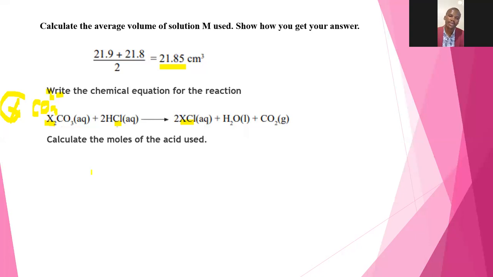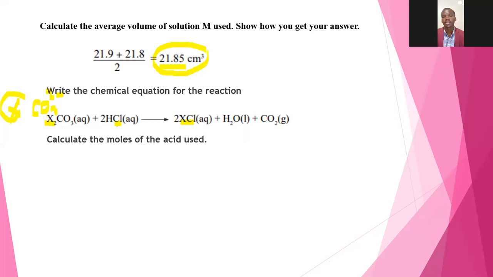Then we are told to calculate the moles of the acid used. In our previous class, we said that moles can be gotten as molarity times volume used over 1,000. And if you check, our volume used for the acid is this one.